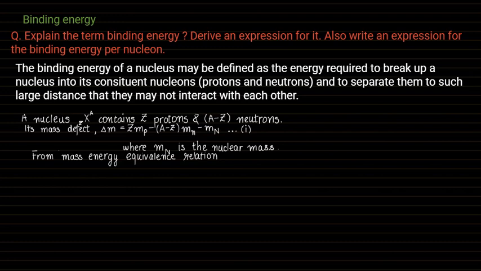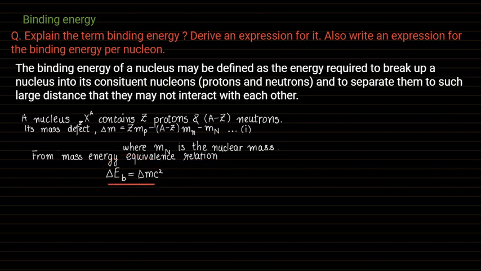So we know that this mass defect gets converted into the binding energy. So from your mass energy equivalence relation, your binding energy is equal to the mass defect multiplied with c square. So this is the famous Einstein's relation.